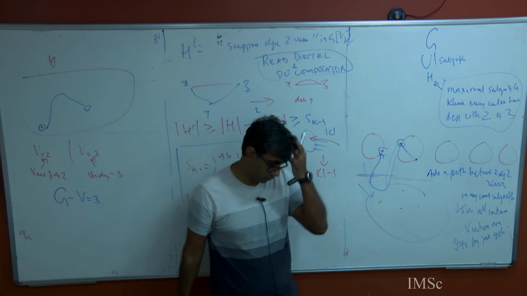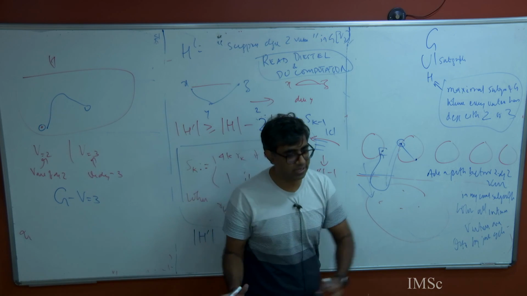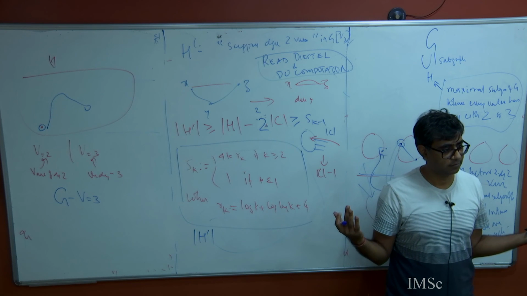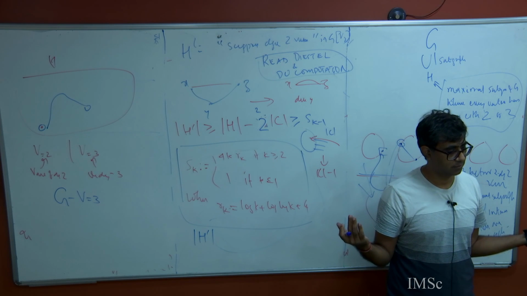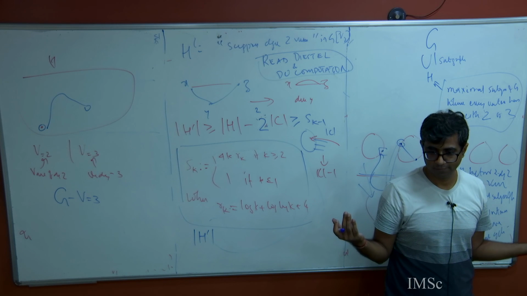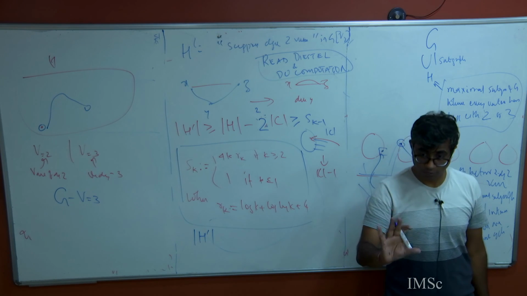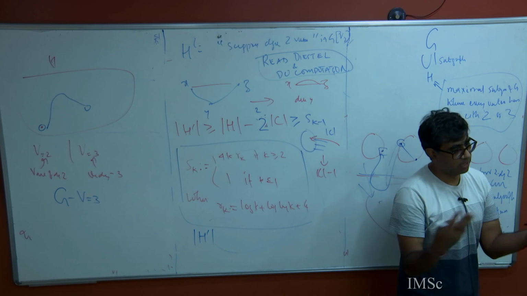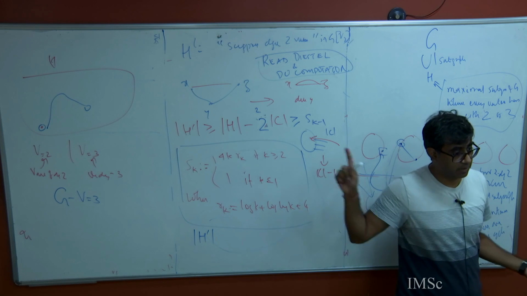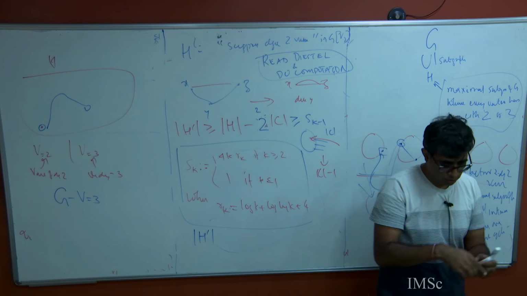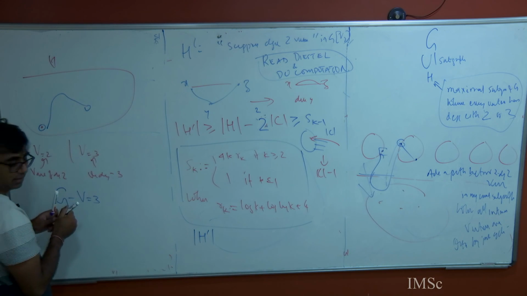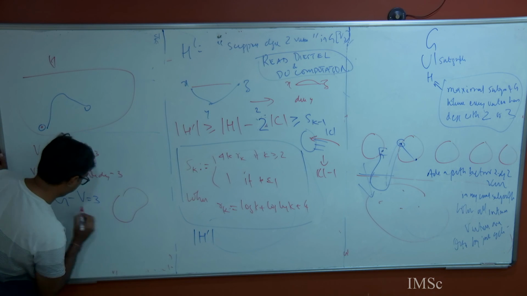Okay, excellent. Or rather, let us say we delete the degree 3 vertices from my graph and ask where my cycles are. Look at any cycle in G minus V3.